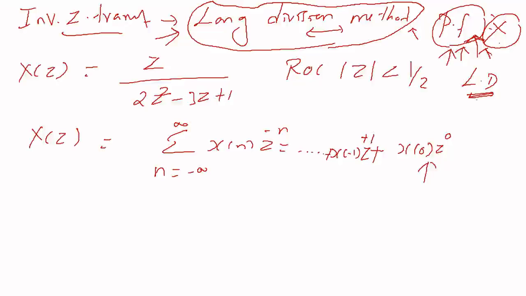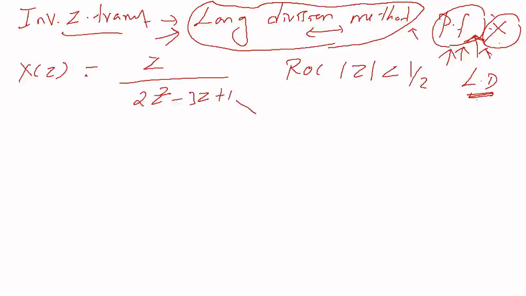At the same time, on the positive side, x of 1 is Z power minus 1. It's very, very critical, very important information. Keep that in mind. Left side has positive powers, right side has negative powers. Keep this in mind while solving the problem.